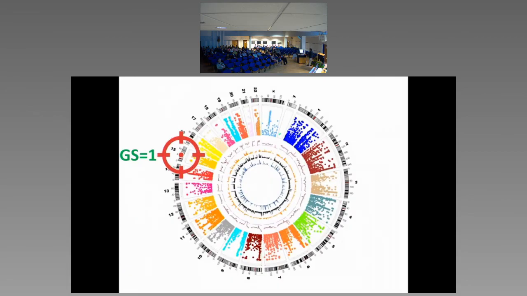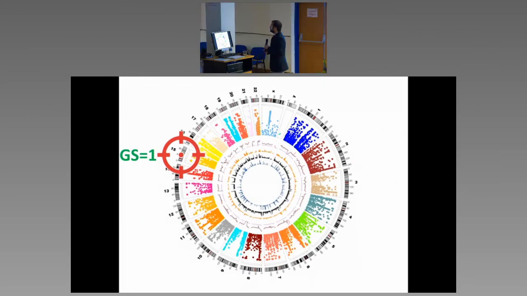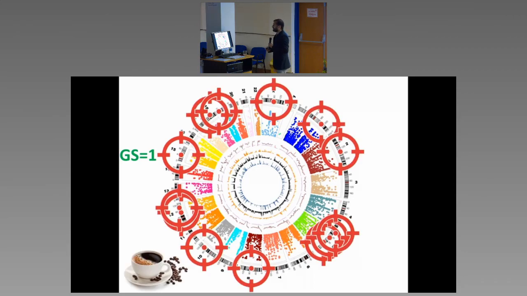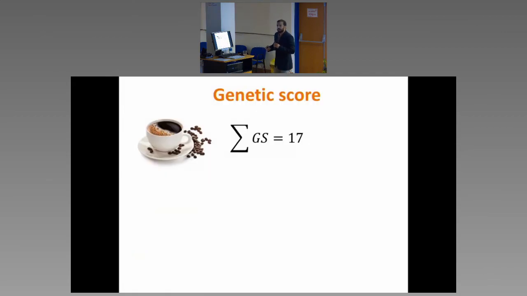So let's say you have some points in some certain spot of your genome, but it's not about one spot. It's about many of them. According to coffee, there are many mutations that are somehow associated with coffee. And there is a sum of the genetic score. So you get something like a number. But what is it?